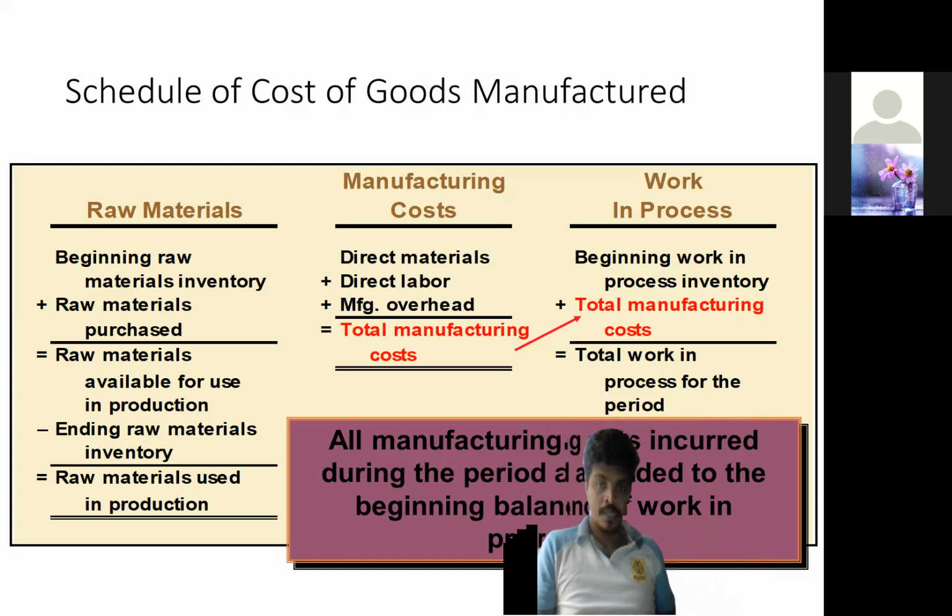And the cost which we incurred within this period, okay, some cost which we incurred within this period may not be fully converted as finished goods. That means those are the closing work in progress stocks.